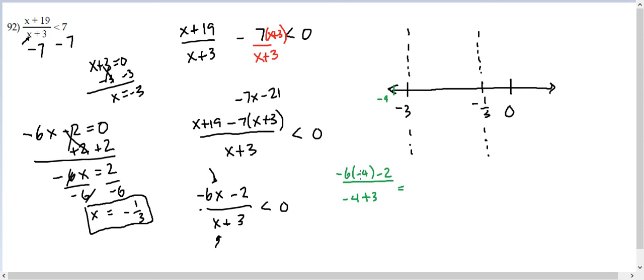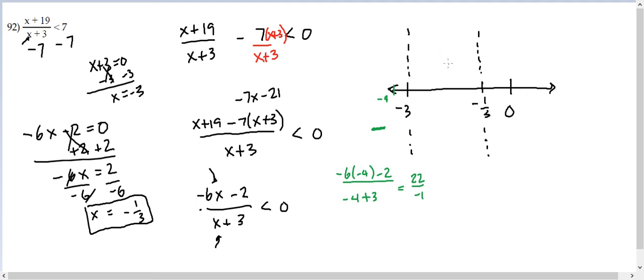So the numerator is 24 minus 2, which is 22, and the denominator is negative 1. The size of the number does not matter; I don't care that it's negative 22, I just care that it is negative. So any number less than negative 3, like negative 5 or negative 10, you're going to get negatives.